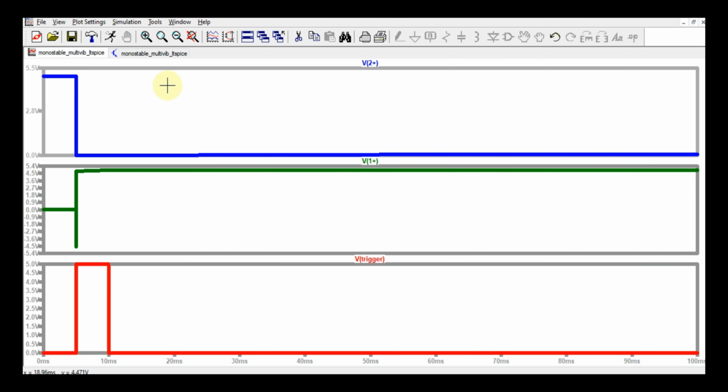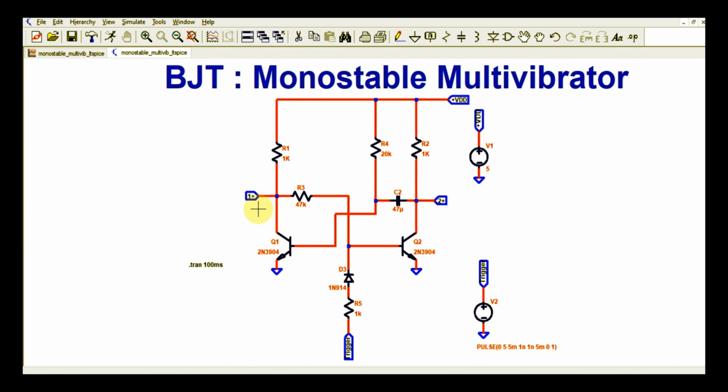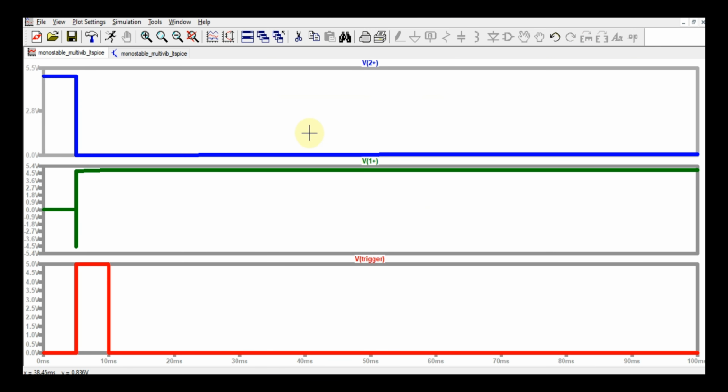And this is the voltage at the 1 plus node, and this is the voltage at the 2 plus node. You can see the voltage at the 2 plus node was initially high, and after applying the trigger pulse, the voltage at node 2 plus is 0 volt.